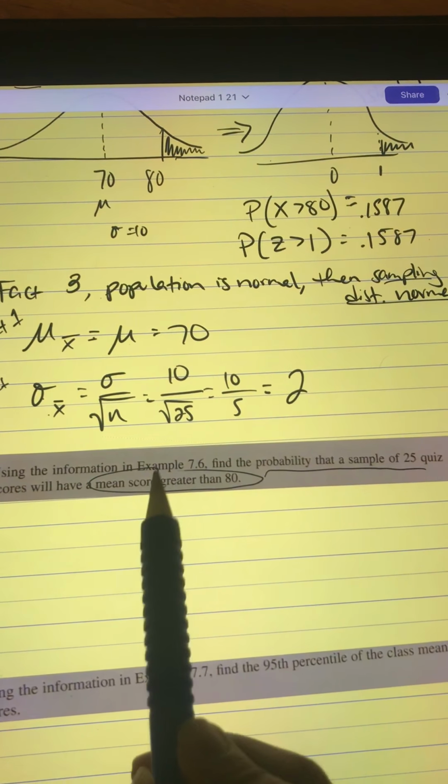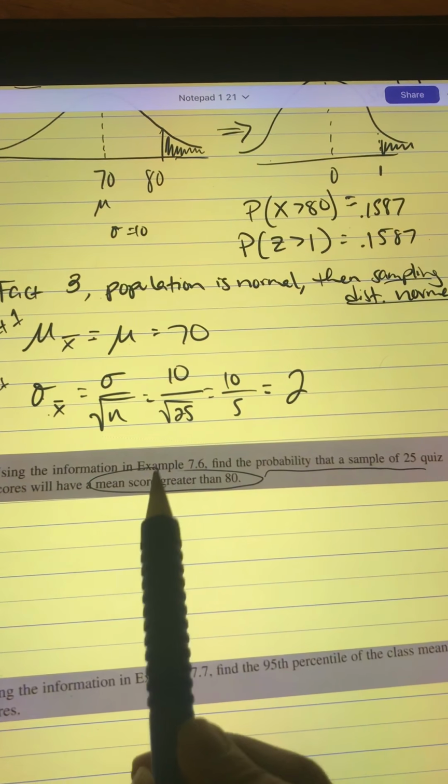They want to know the area under the curve with a mean score greater than 80. But now I have a mean of 70 and a standard deviation of 2, so be very careful. What I'm going to do is standardize using my formula and plug in what I know.